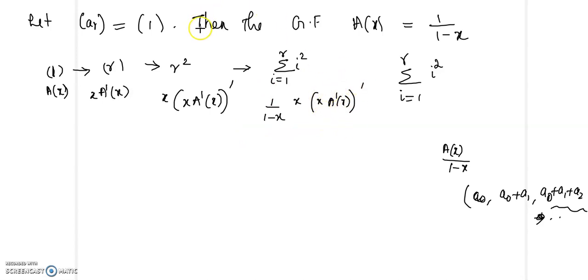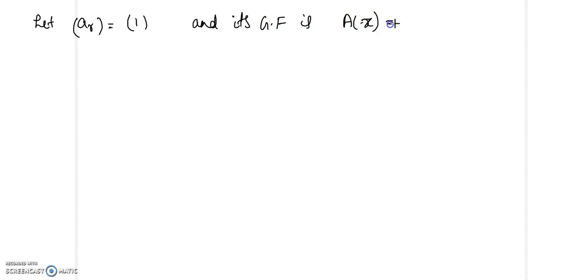Okay, so let AR equal 1, and its generating function is A of x equal to 1 by 1 minus x.